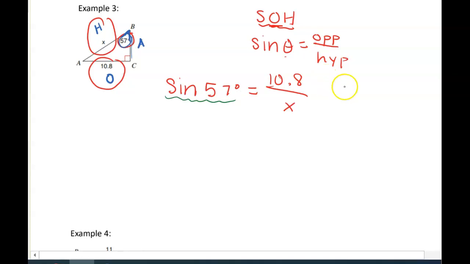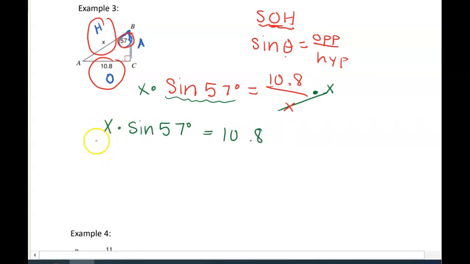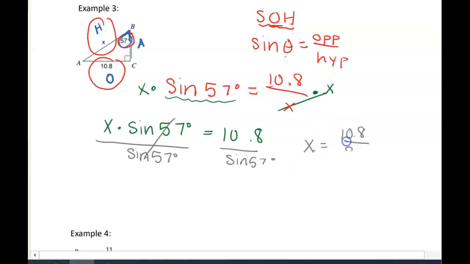I'm going to leave it as sine of 57 now, so let's multiply both sides by x. Those go away, so I have x times sine of 57 degrees equals 10.8. Now to get x by itself, divide by sine of 57. Those go away, so I'm left with x equals 10.8 over sine 57 degrees.